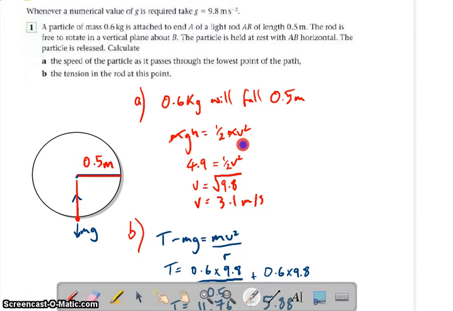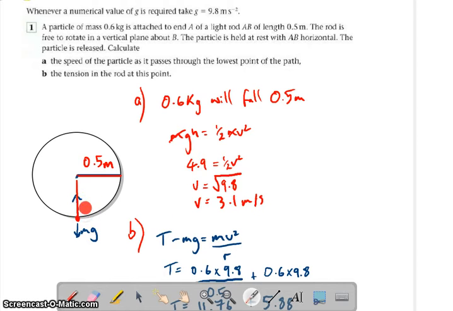So here it's gh, half a meter times 9.8, and that's equal to half v squared. So the mass cancels, so it's very easy to rearrange, and we get that v is 3.1 meters per second.